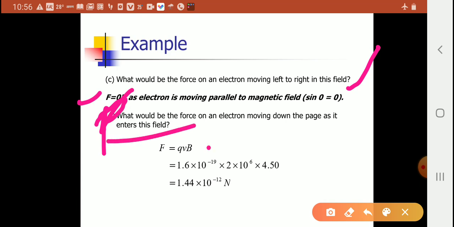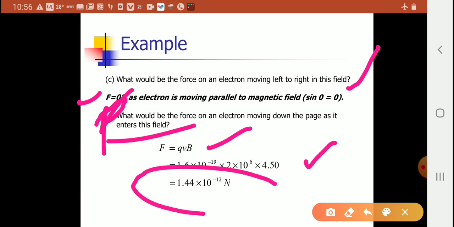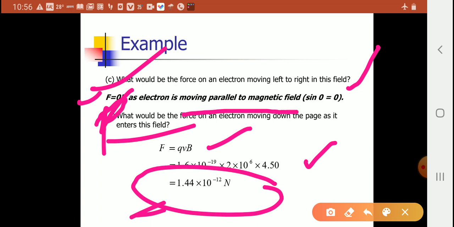F equal to QvB sin 90, 1.6 into 10 to the power minus 19 into 2.00 into 10 to the power 6 into 4.50. So we calculate 1.44 into 10 to the power minus 12 newtons. This is right to left. Okay. In the case of moving parallel to the magnetic field, sin 0 equal to 0, so F equal to 0 as the electron is moving parallel to the magnetic field.